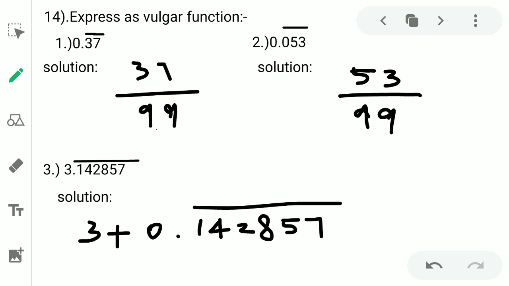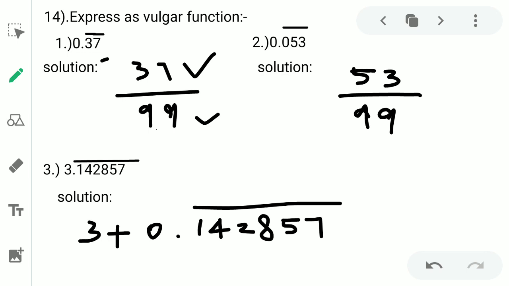Since 37 is a recurring fraction, 37, 37, 37, it comes infinitely and doesn't stop, it is a recurring decimal. So I am dividing 37, since it consists of 2 digits, by 99.